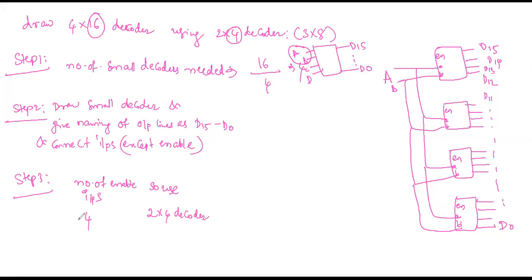If enable inputs are greater than 2, that is 3 to 4, you have to use 2 by 4 decoder. If the number of enable inputs are either 3 or 4, you have to use 2 by 4 decoder. The number of enable inputs are 4, so use 2 by 4 decoder.